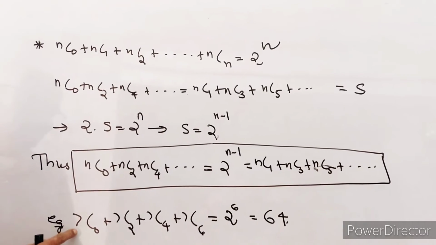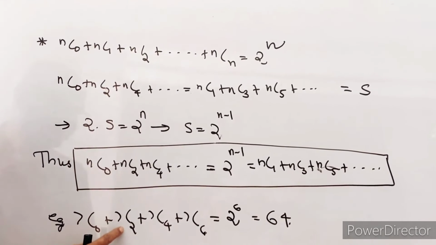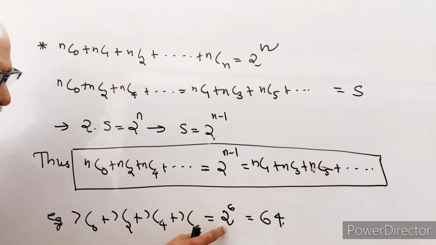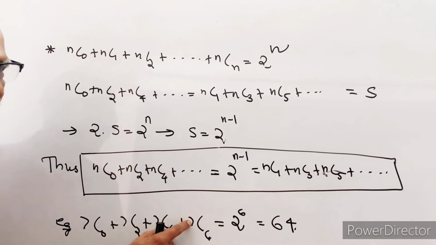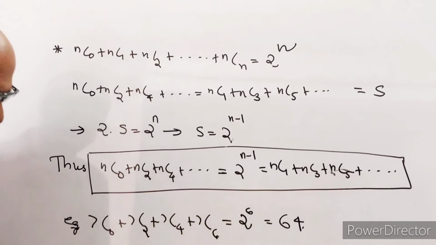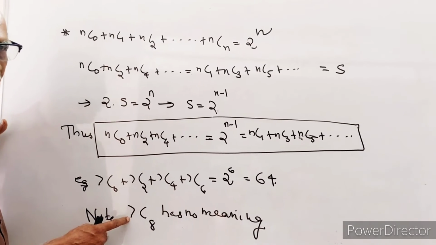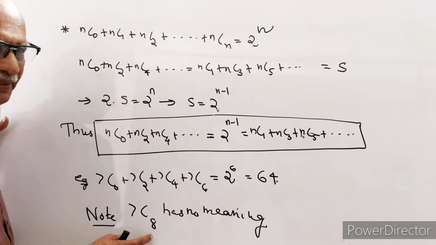Suppose you consider 7C0 plus 7C2 plus 7C4 plus 7C6. It is 2 raised to 7 minus 1, 2 raised to 6, which is 64. Note that 7C8 has no meaning. Given 7 things, you cannot take a group of 8.